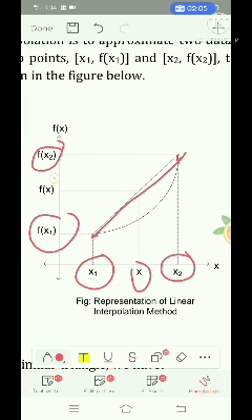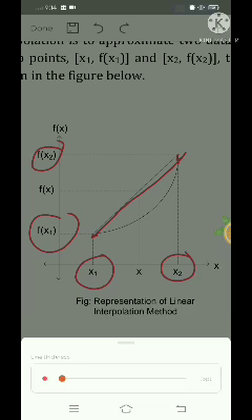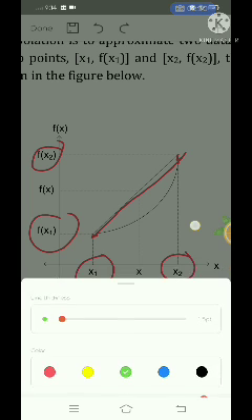So for example, what is given to us is x sub 1, f(x1) and x sub 2, f(x2), and the unknown, the approximate value we are asked to get, is at x, here at this point.